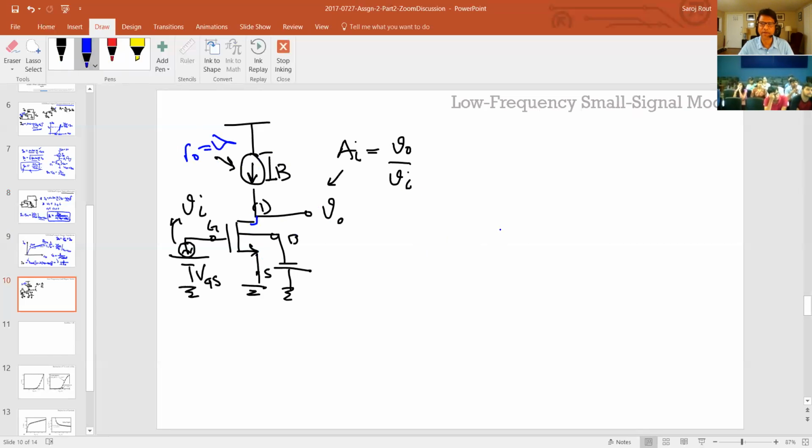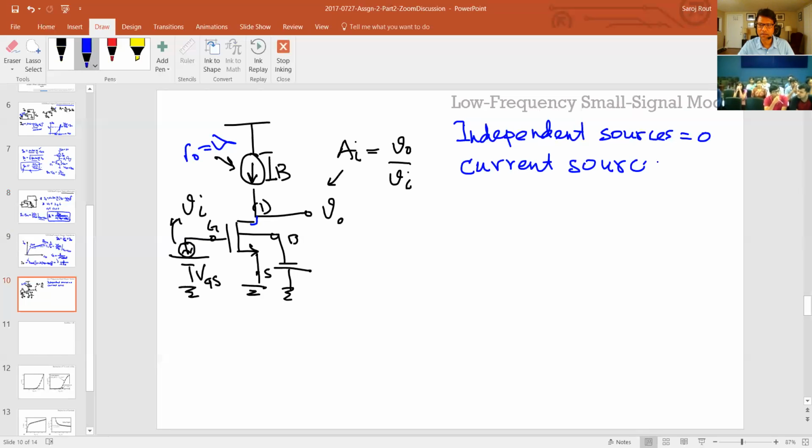So that's why it's self gain, because it's the GM times the RDS, and we'll see how that comes into picture. So when you do that, you basically take all your independent sources and make them equal to zero, which means current sources are open and voltage sources are short.